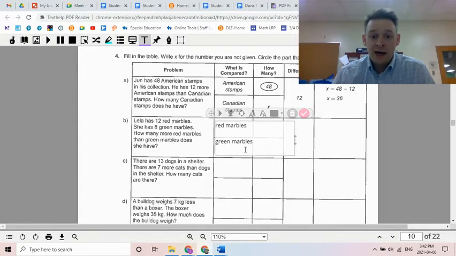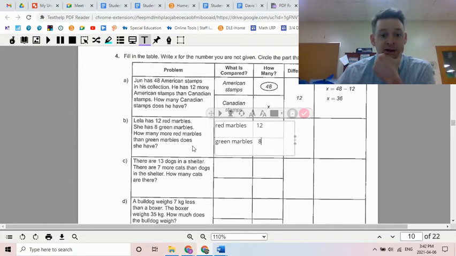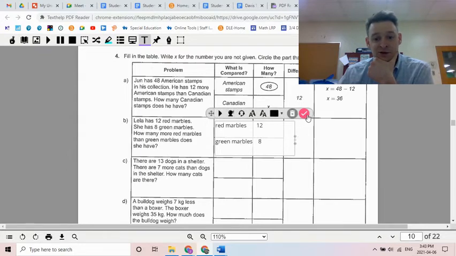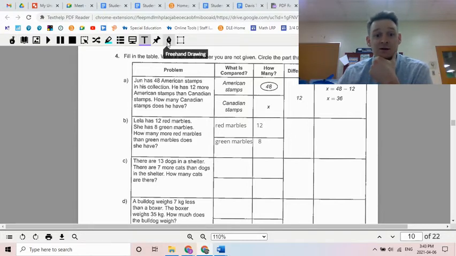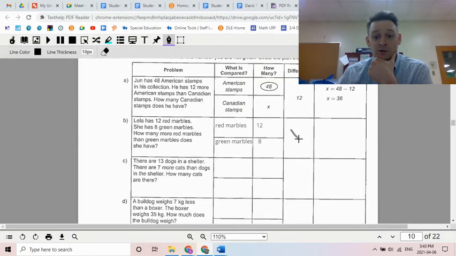we know she has 12 red marbles, and we know that she has 8 green marbles. So how many more red than green does she have? Well, we need to write down the difference, which is our unknown.